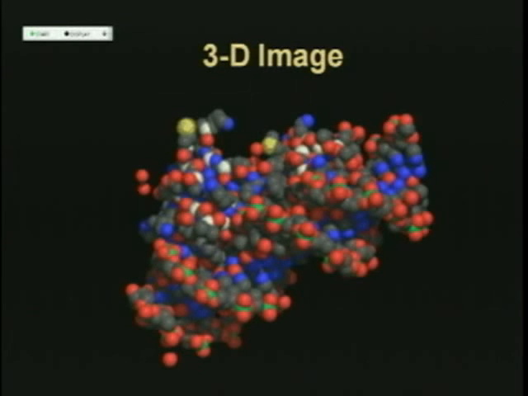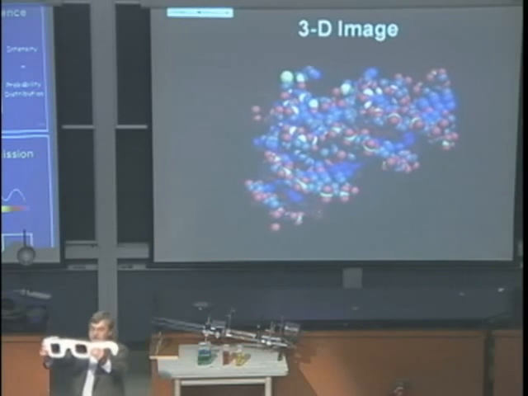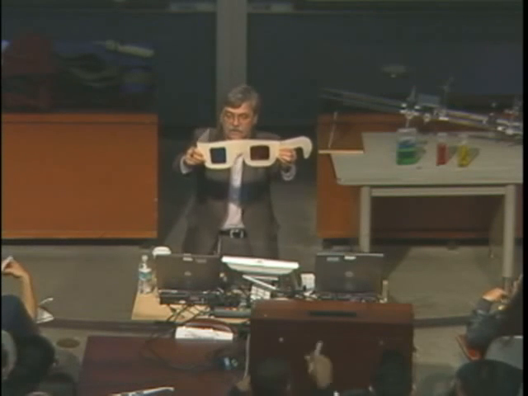They have essentially two pictures. Wait, not yet, I need to explain it first. They have essentially two pictures slightly off, superimposed on each other. In this case, one is red. That would be the left glass. So if I look through the red to red, I see it red. But if I look with a blue, it should be dark, okay?